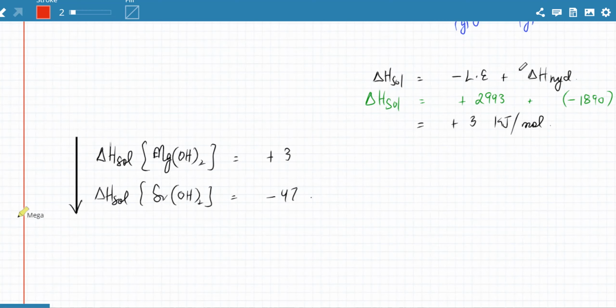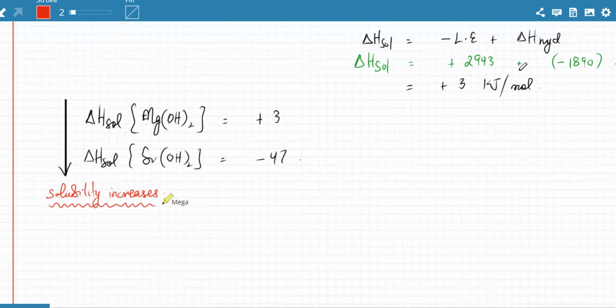Okay, so that means solubility is actually increasing down the group. So your solubility increases down the group, and we all know that for hydroxides, the solubility in group 2 increases down the group.